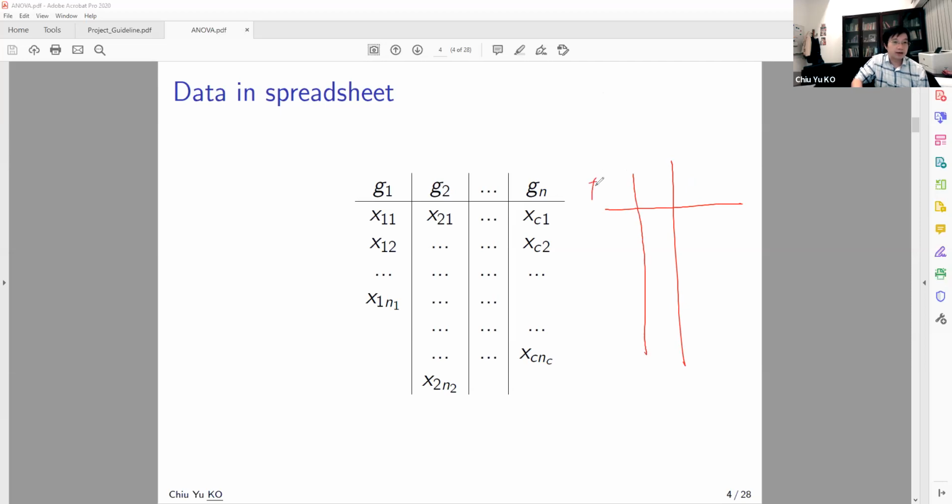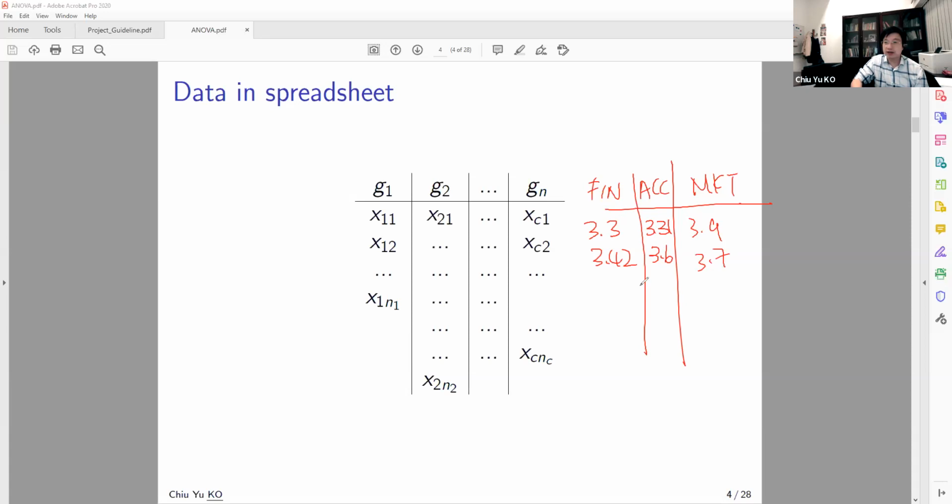Okay, can be finance, accounting, and marketing. And maybe the first observation is the GPA, right? Maybe 3.3 and 3.42, and this is 3.31. This is 3.6. This is 3.9, and this is 3.7.